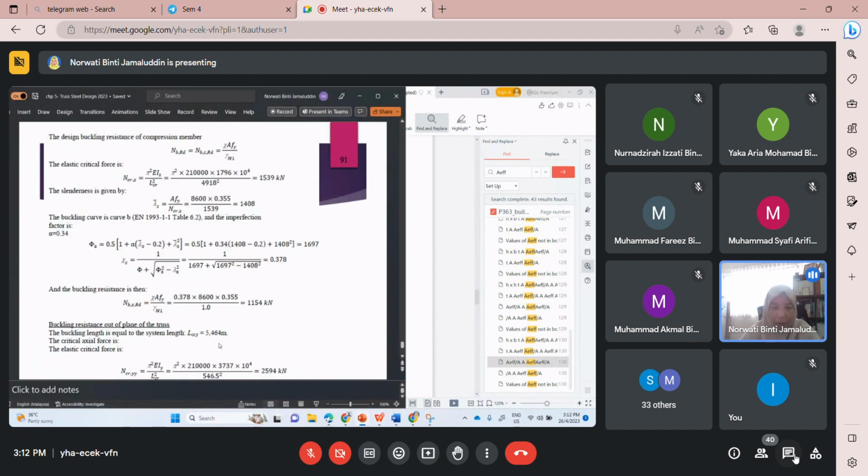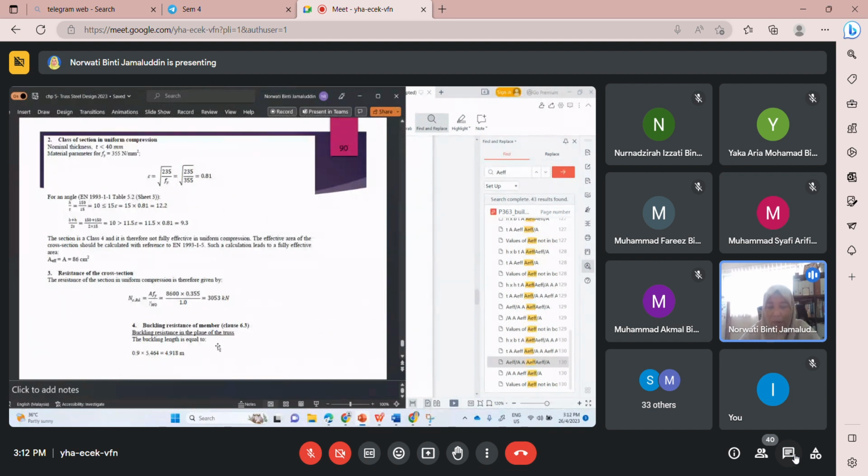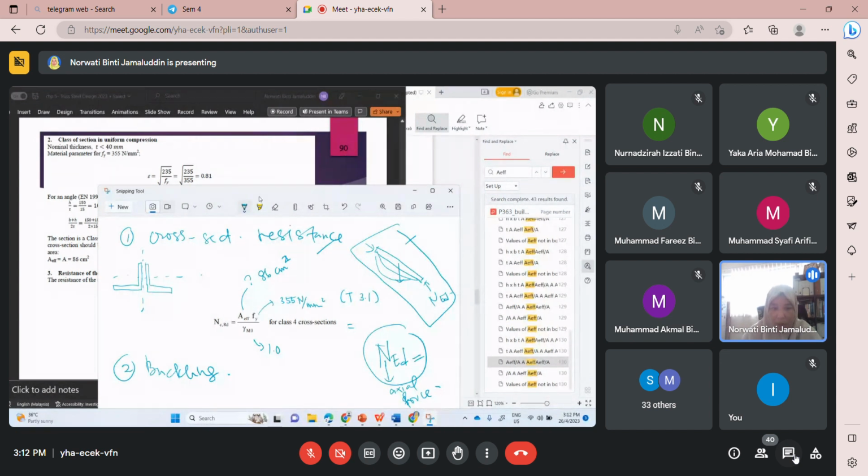The other thing that you need to be careful is, how many axes? In this case, since this is a double angle, the buckling will be about Y, Z and Y axis only.